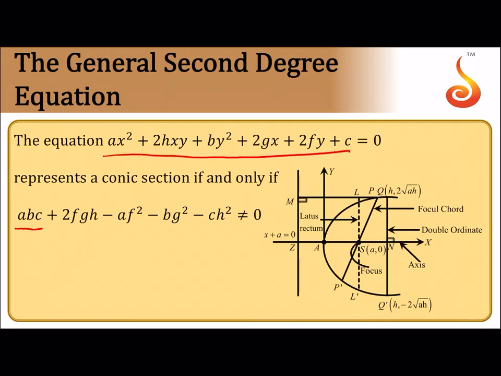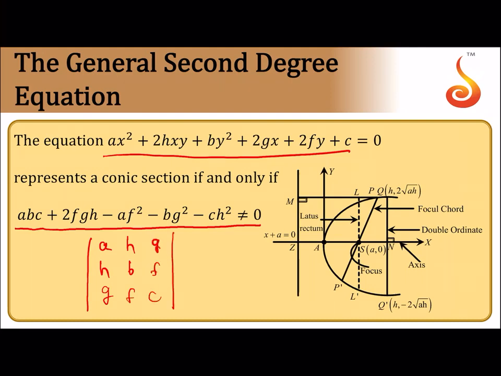Now the general equation of second degree for all the conics: abc plus 2fgh minus af square minus bg square minus ch square is not equal to 0. This is nothing but the determinant a h g, h b f, g f c not equal to 0. So this is a double ordinate, this is the focal chord, a chord passing through the focus, and this is the latus rectum.